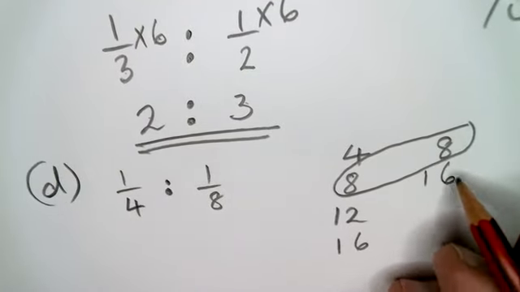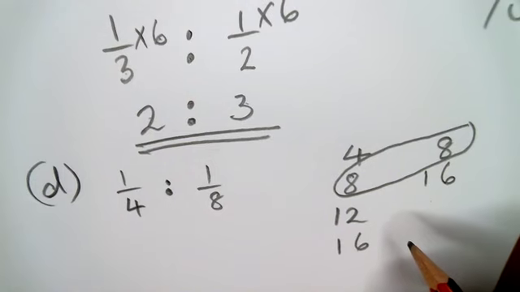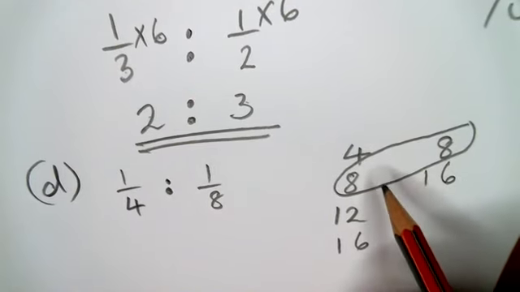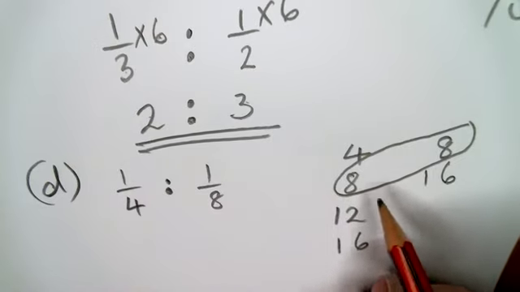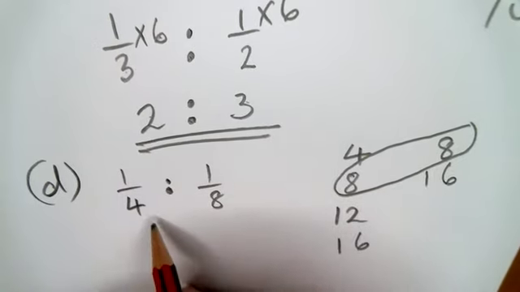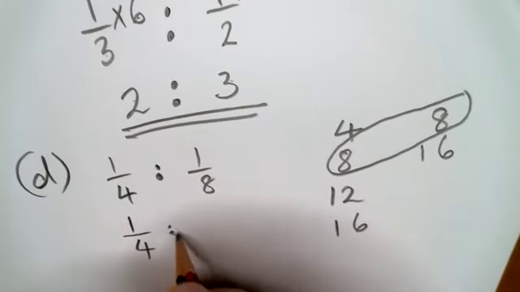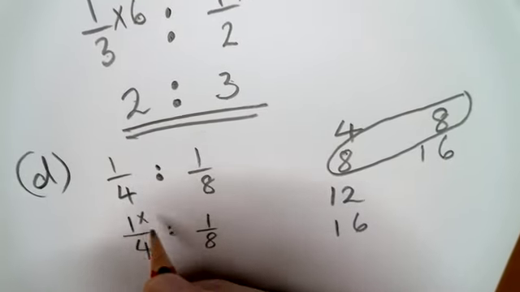Let's ignore 16. If you did 16, we'd need to introduce yet another step, because then we'd have to divide by 2. Let's go for the lowest common multiple. That's what we're after. So we're multiplying both of these by 8. So I've got my quarter to 1/8, multiplying by 8.